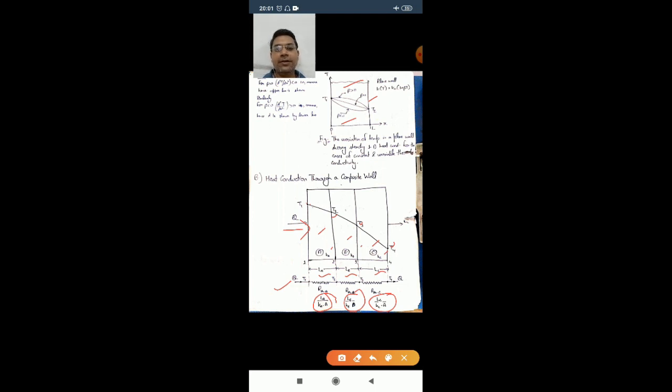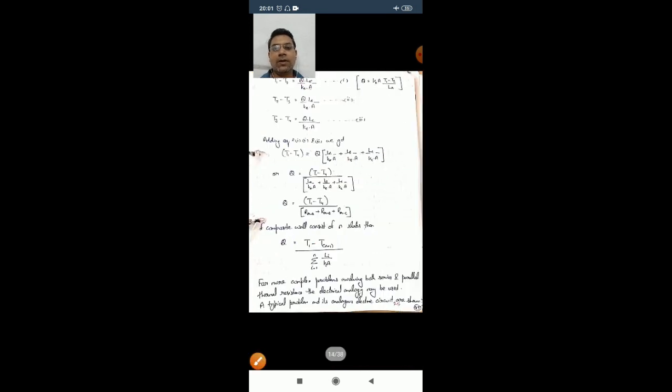So again writing, according to Fourier's equation, that is Q equals K A (T1 minus T2) over L. I have written here the values of T1 minus T2, T2 minus T3, and T3 minus T4. Just go to these three equations.